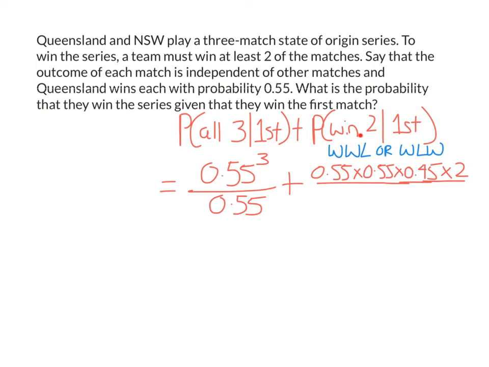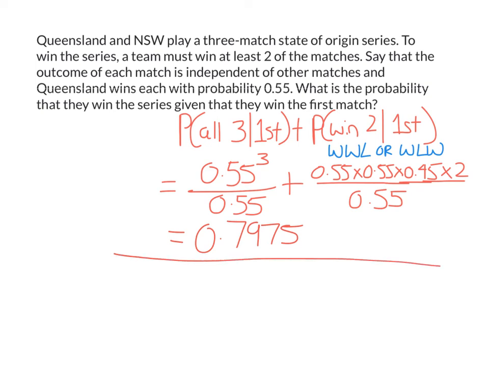The probability of winning the first is again 0.55, so we use the conditional probability formula: probability of this and this over the probability of this. Putting this all on our calculator, it is equal to 0.7975. So that's the final answer. There's almost an 80% chance they'll win the series if they win the first game.